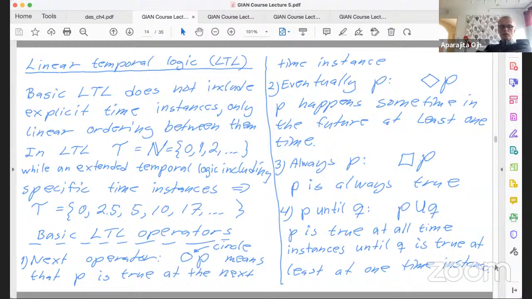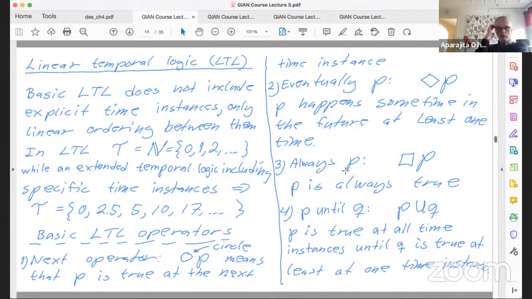And for me, it's a bit confusing that always P, which you see here, is written as a square P, that can also be written as globally P with the letter expressions, GP.